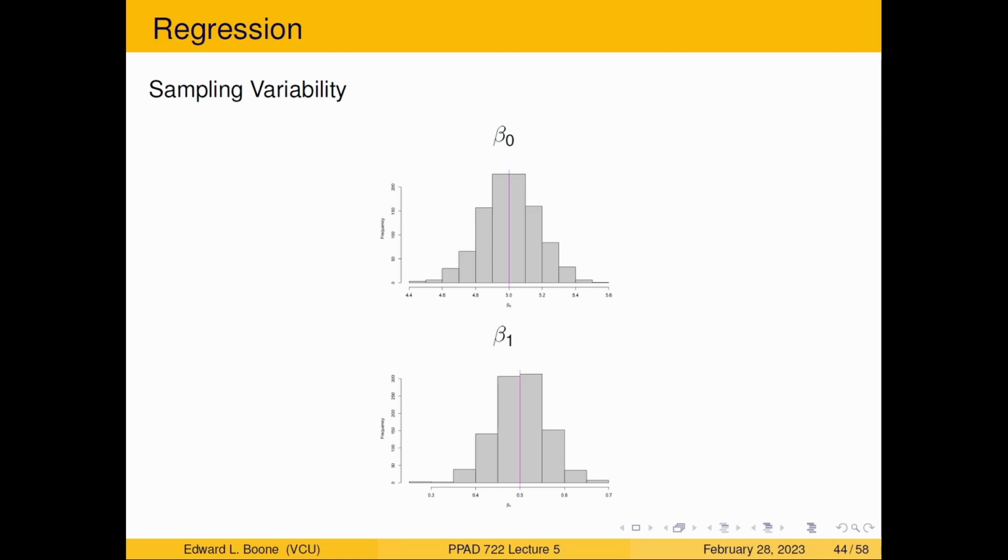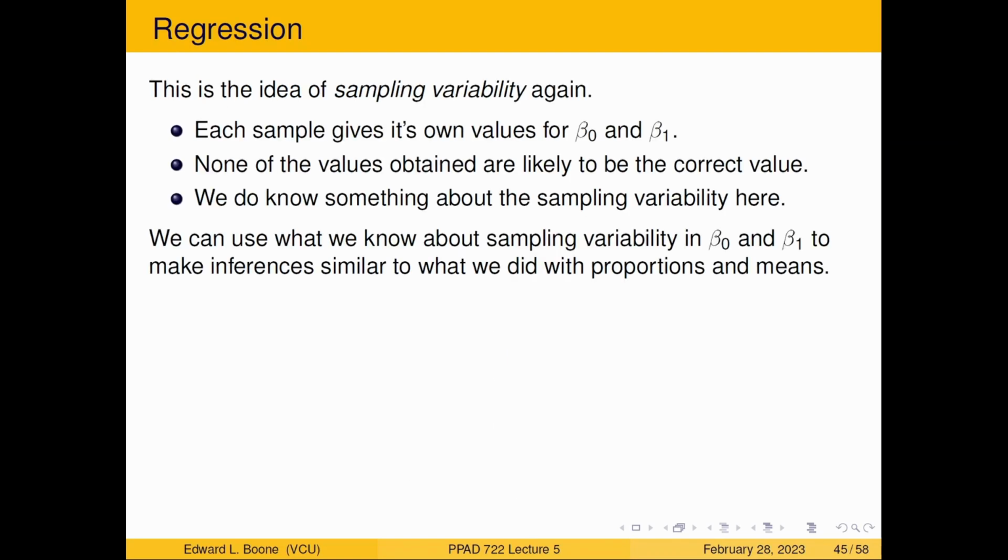But they don't vary very far away, but they do not hit the actual value. So that's part of the problem, and we want to capitalize on this. And this is basically how frequentist statistics works. We look at the sampling distribution that occurs across samples, and we try to capitalize on it.